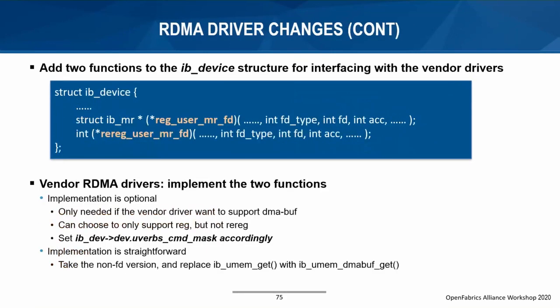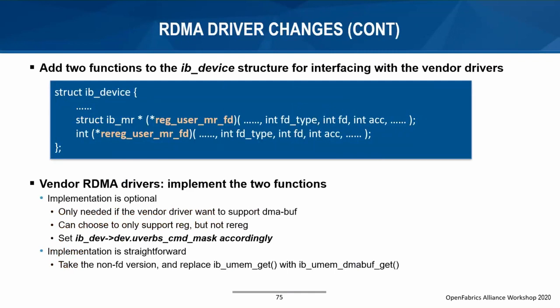In order to actually do the memory registration, the device interface also has to be changed to add two methods, so the memory registration can be done with the actual parameter. The vendor drivers need to implement these two methods for the device driver.